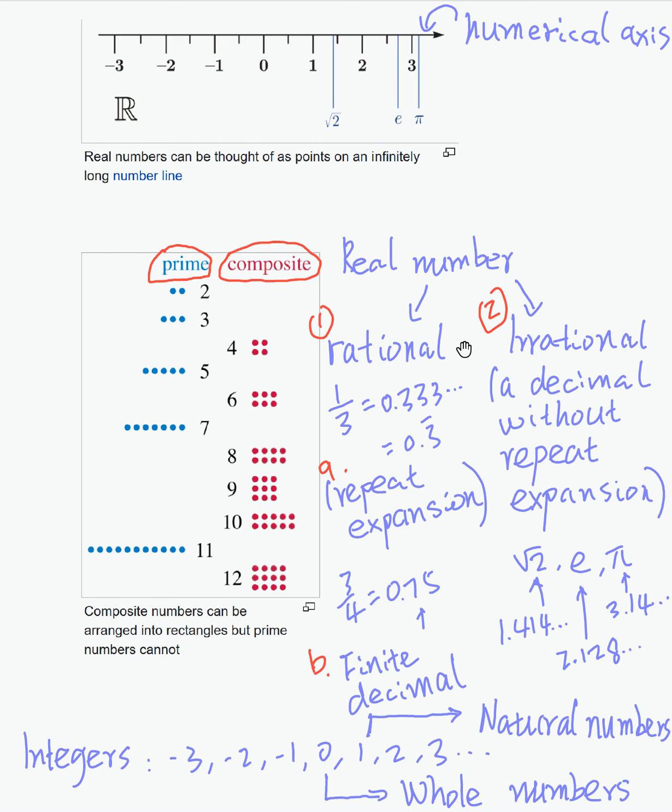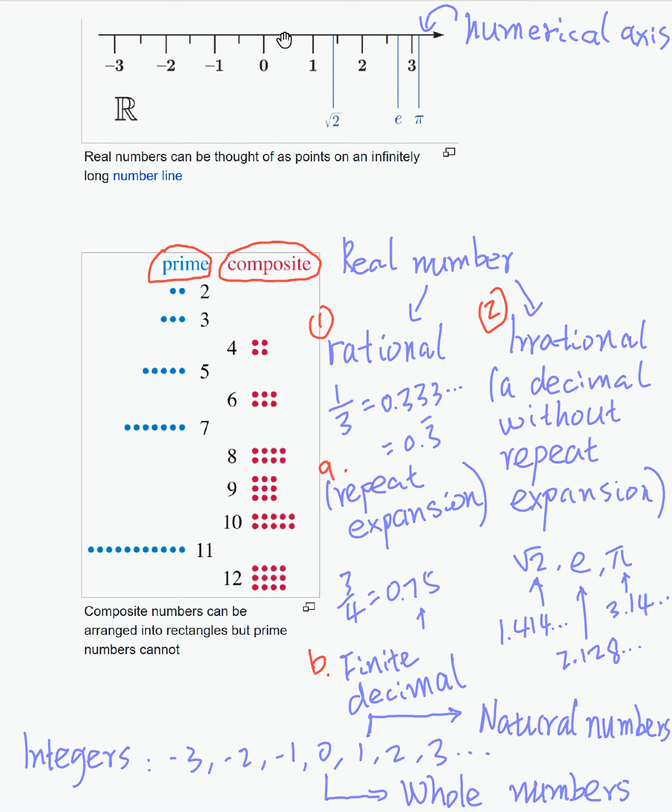There are two kinds. One is like 1/3. 1 divided by 3 is 0.333..., so we write it as 0.3 with a bar on top of the 3. So 1/3 is roughly 0.33.